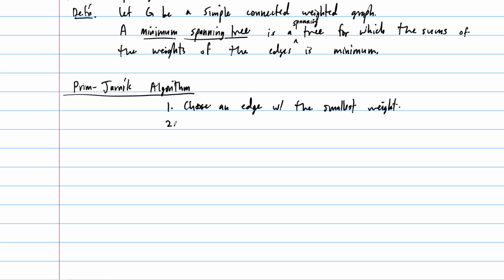All right, and then from that edge, you add an edge of minimum weight incident to one of the vertices already in the tree. There could be many at this point, right?